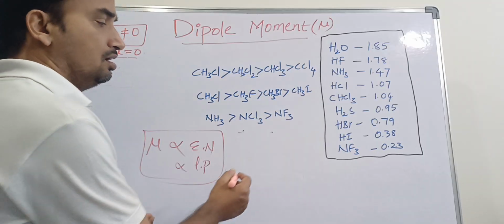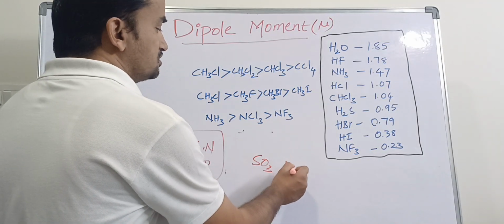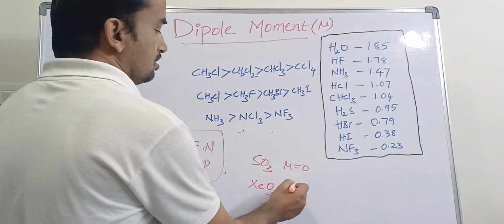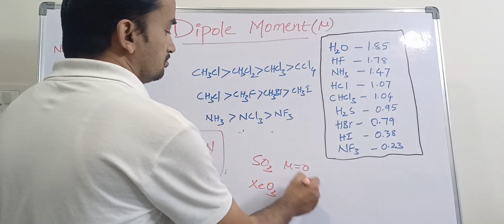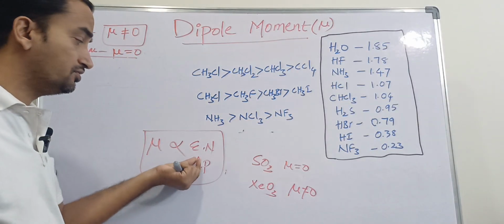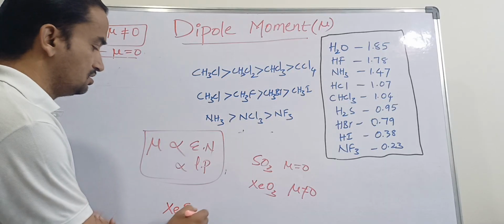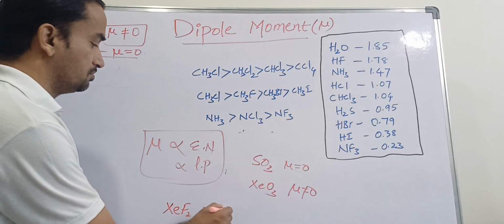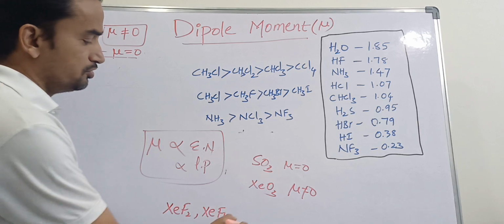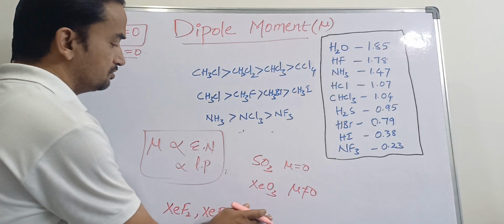Now, whereas in the case of SO3, mu equal to 0, whereas XeO3, mu not equal to 0, right? But even though some molecules like you see here, XeF2 and XeF4, even though they possess lone pairs, the mu value in these two molecules is equal to 0.